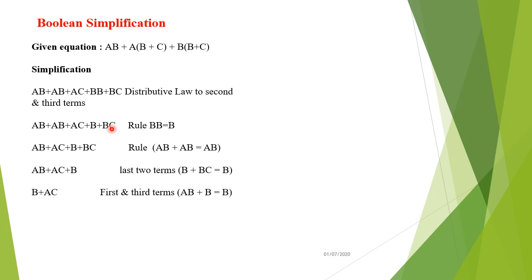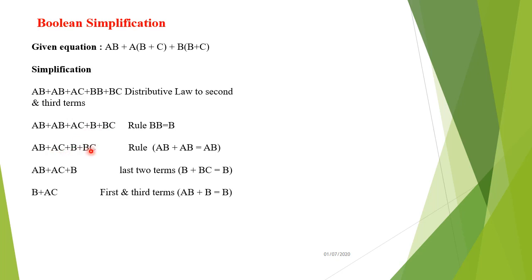Now in the equation we can see that AB is repeated, and we know that the ORing rule states that whenever the same variable is ORed with itself, the result is that variable. So instead of writing these two separate terms, the result of the ORing operation is written as a single term, while the remaining three terms are carried forward in this expression.